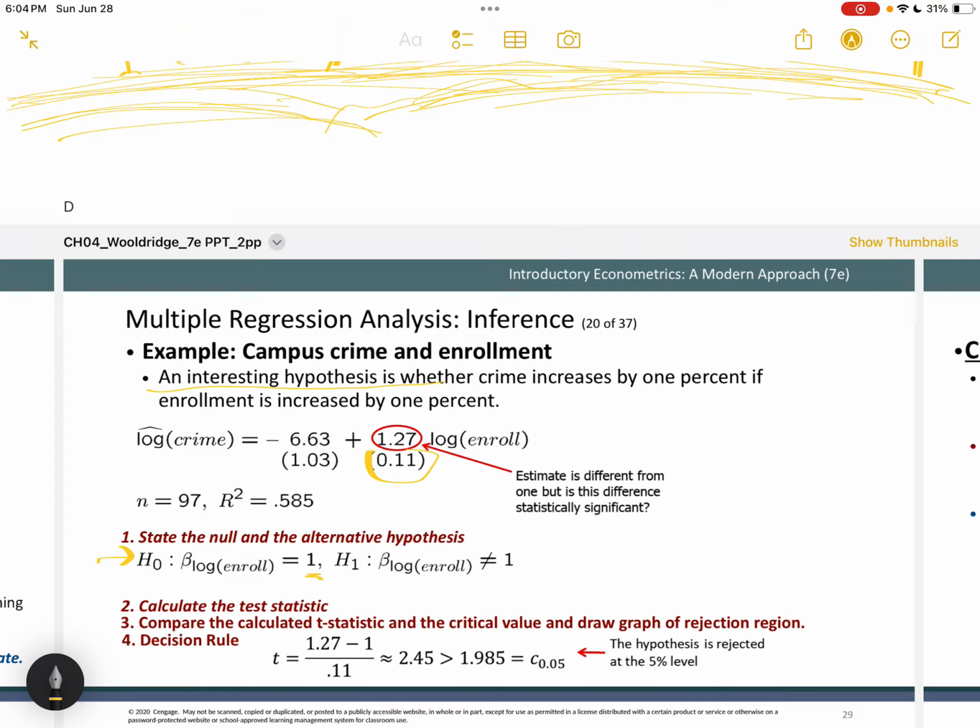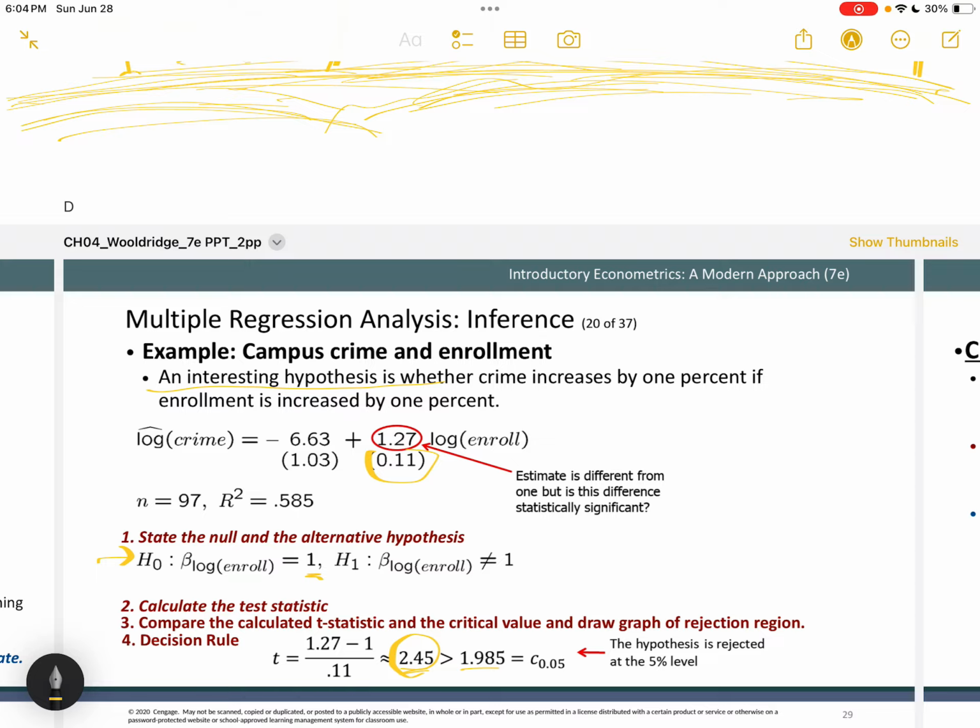So how do we calculate the t statistic? Well, it's 1.27 minus 1 divided by the standard error 0.11, right? And that is 2.47. Now, we do use a critical value here. The critical value is at the significance level 0.05, and degrees of freedom is 97 minus 1, 96.